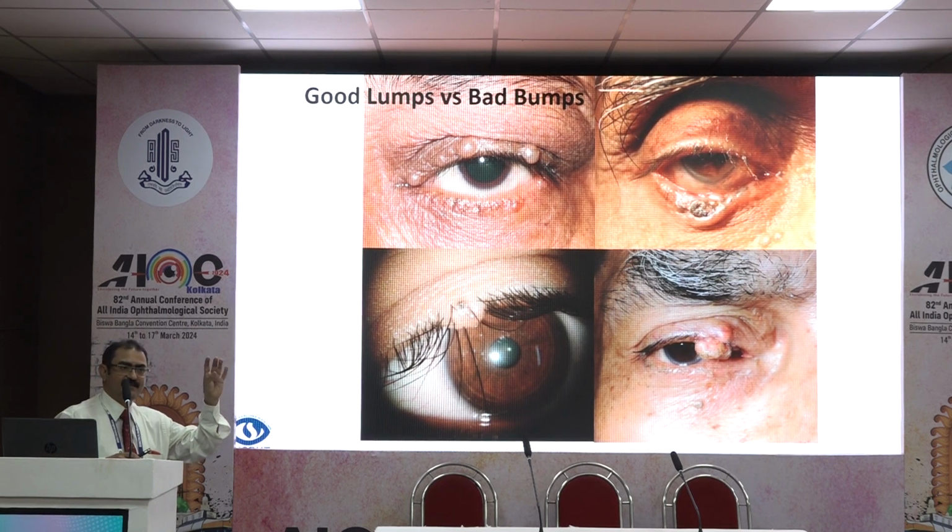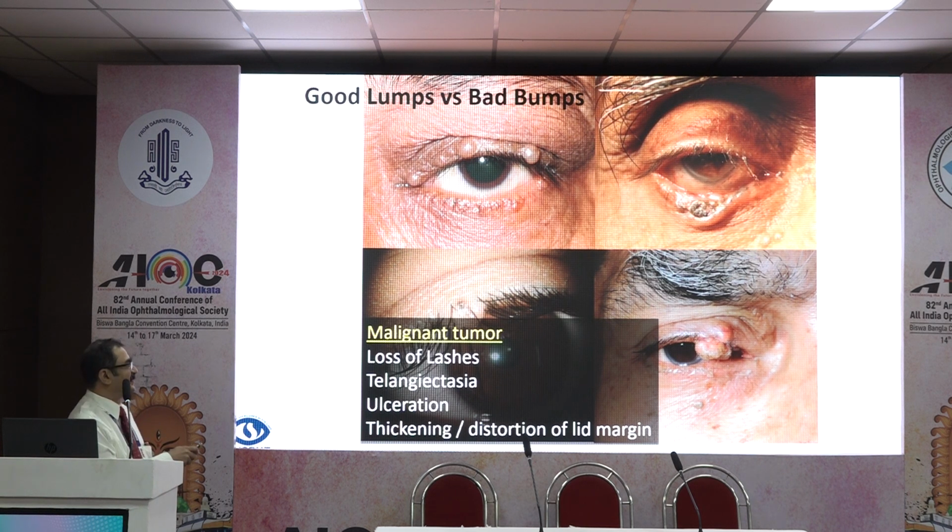Okay. You know what? We should exchange places. Because exactly, that is what it is about. So one of the hallmarks is loss of lashes. What happens with malignant tumors is they attack the hair follicles and destroy them. So that leads to loss of lashes.